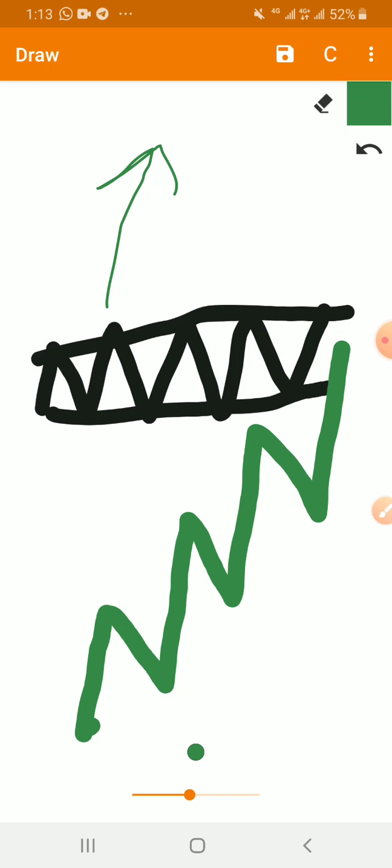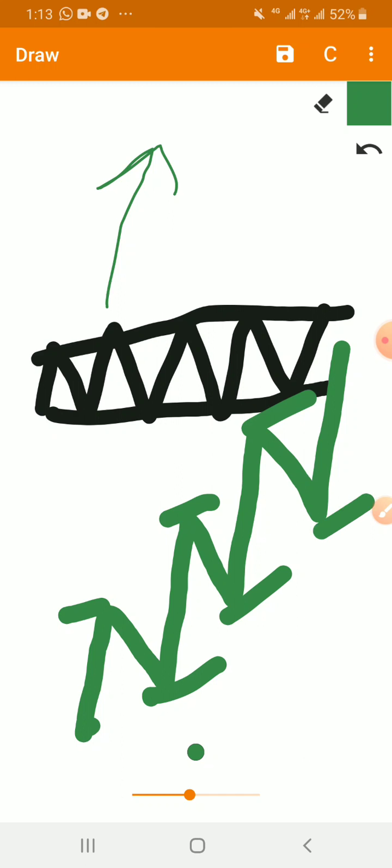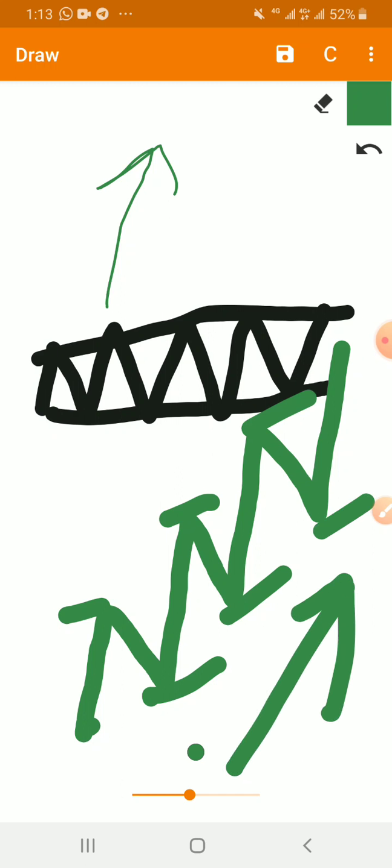So it always makes high, low, high, low, high, low. This is called the uptrend. This is the second way that you can understand the market moves.